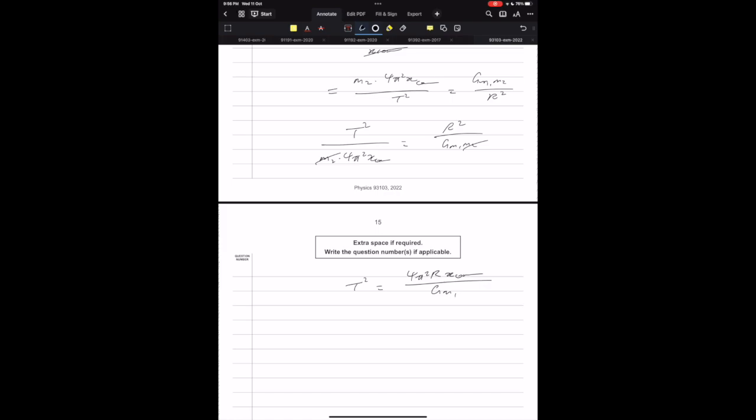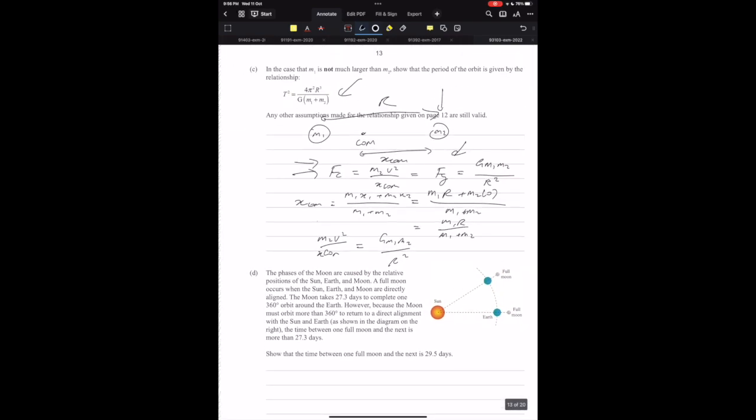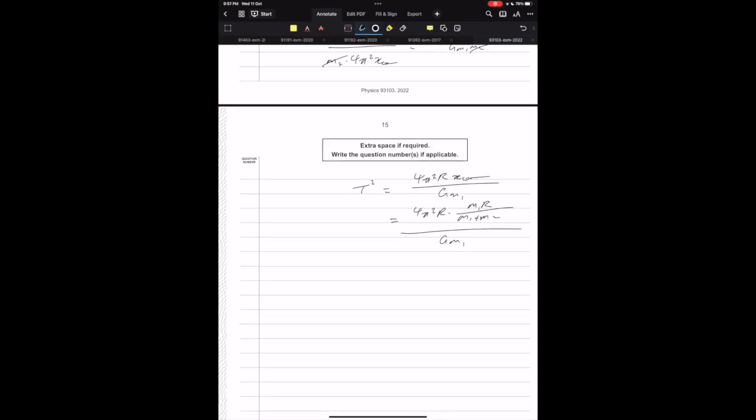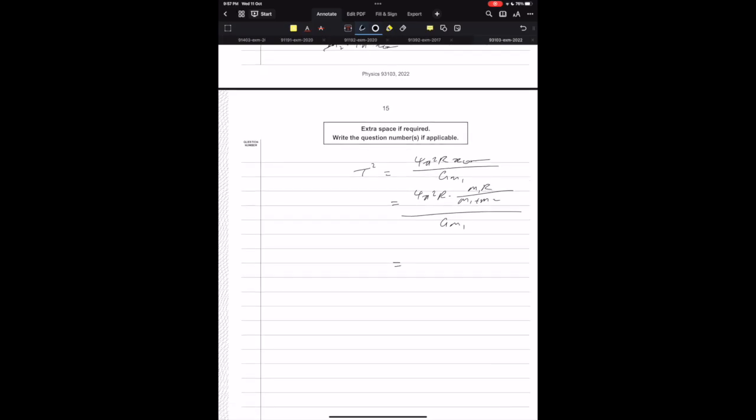And now finally we can use that expression we found for x com, which is this. So x com is equal to m1 r divided by m1 plus m2. So then we find that this is equal to 4 pi squared r times m1 r divided by m1 plus m2, all divided by G m1. Oh, I missed this square here.